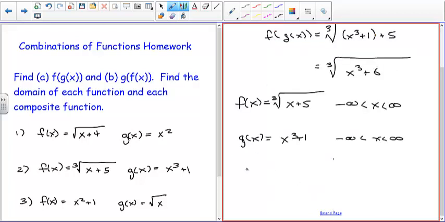So basically what we can say is the composite function, which is this cube root of x cubed plus 6, is also all real numbers. Now your calculators actually can help you out here if you want to try it. Just try some numbers and see. If it doesn't allow it, then it means it's not going to work.